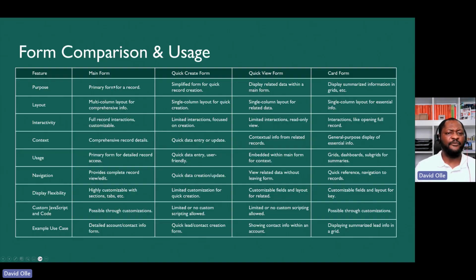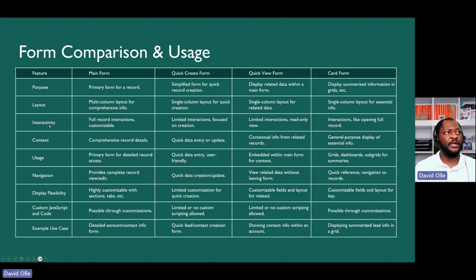So again, the main form is the primary record, right? The quick create form is for quick creation of a record with essential fields. The quick view form displays related data within the main form, and the card form displays summarized information in a grid-like fashion.